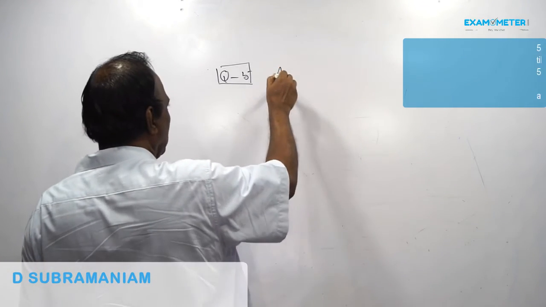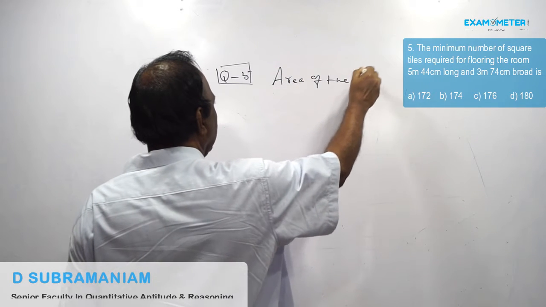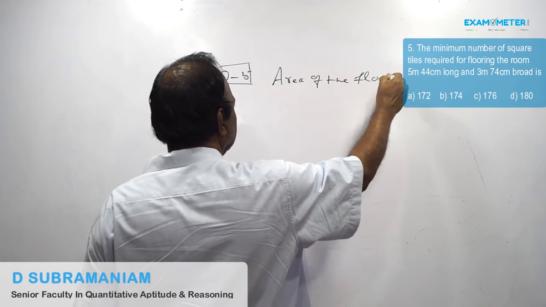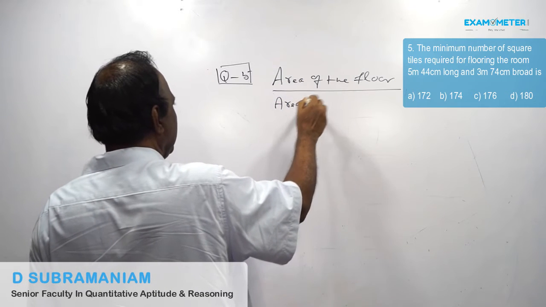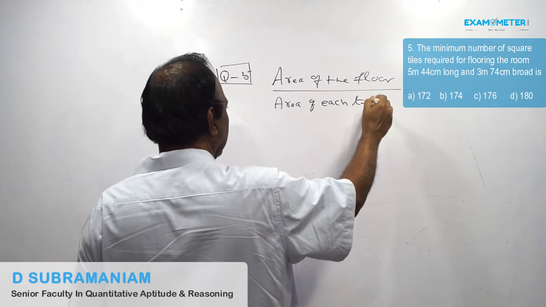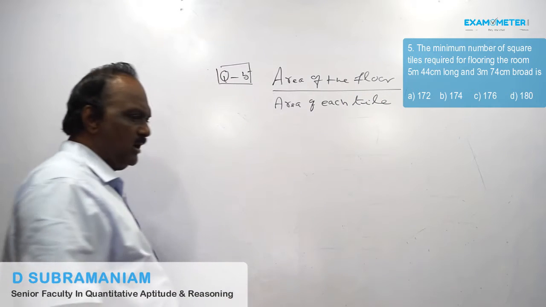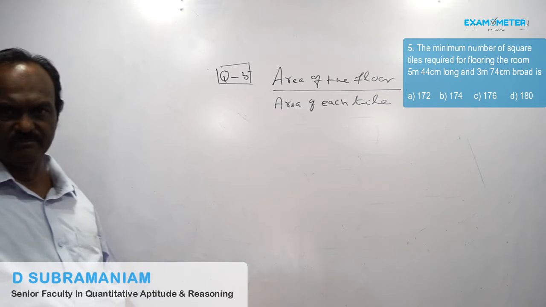area of the floor divided by area of each tile.